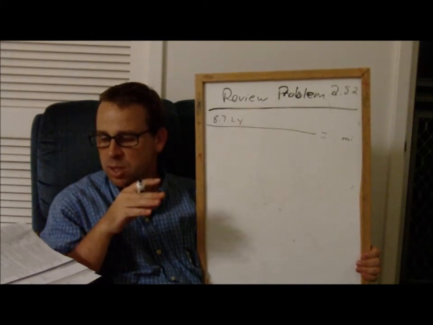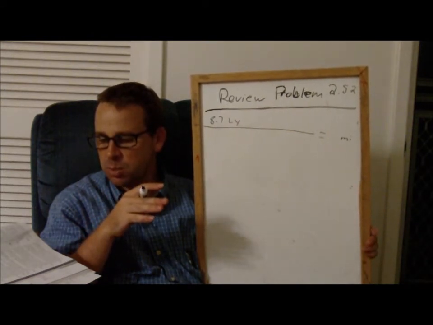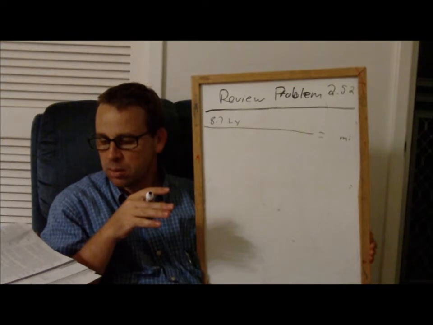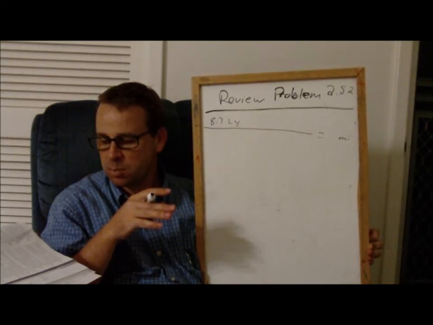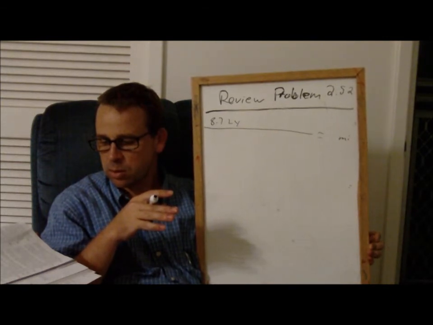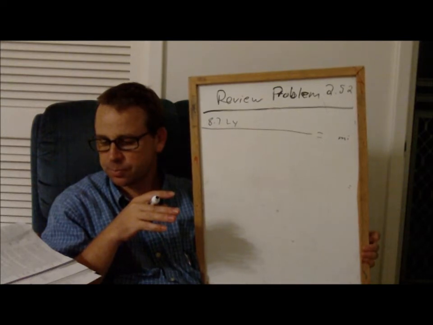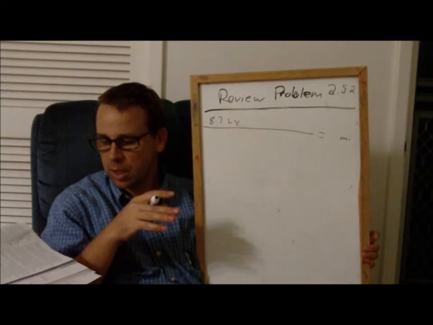So the light travels at 3 times 10 to the 8th meters every second. So we have to determine how many seconds there are in a year, and then multiply that by 8.7.